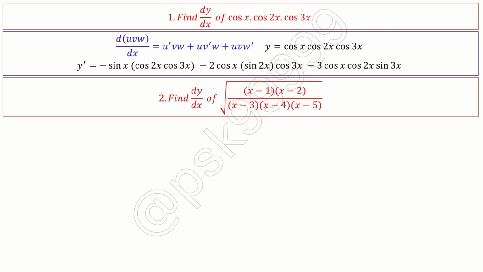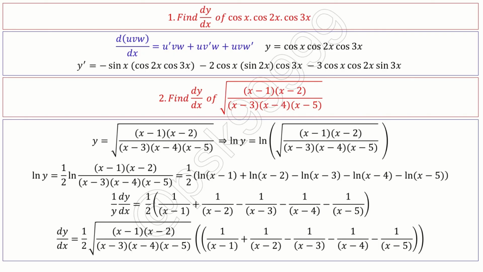Next, we know that we can easily do this by logarithm. So you consider log y equal to log of this value, and the square root will come in the front. Half into log of x minus 1 into x minus 2 divided by x minus 3 into x minus 4 into x minus 5. So you can write this as summation and subtraction.